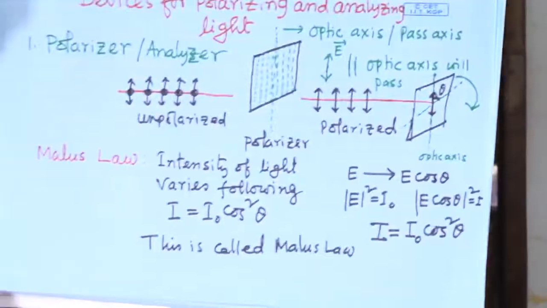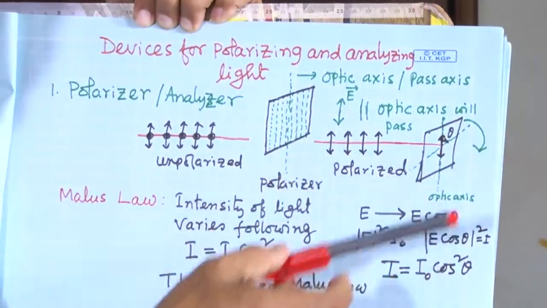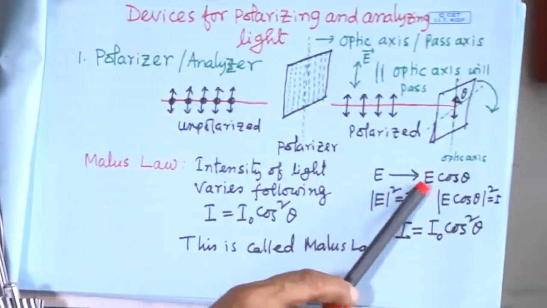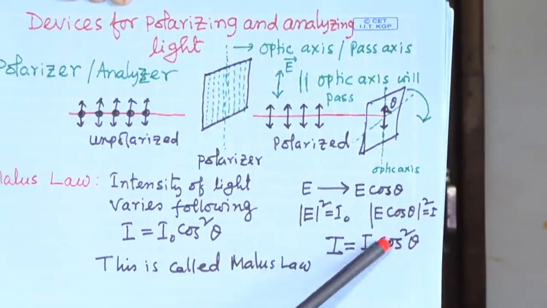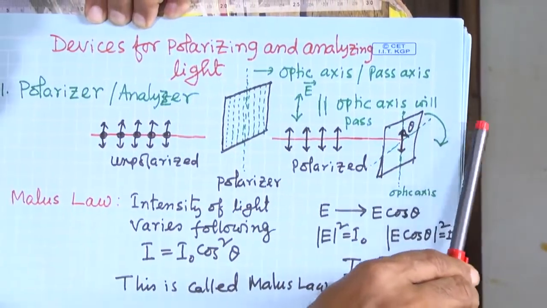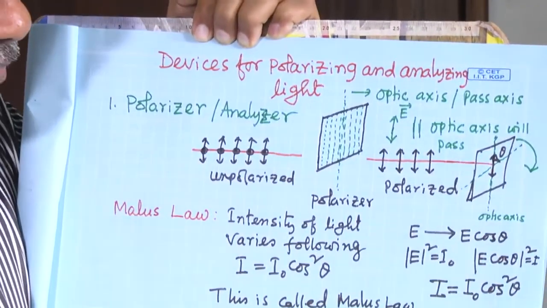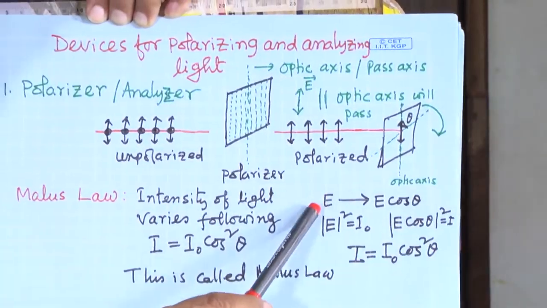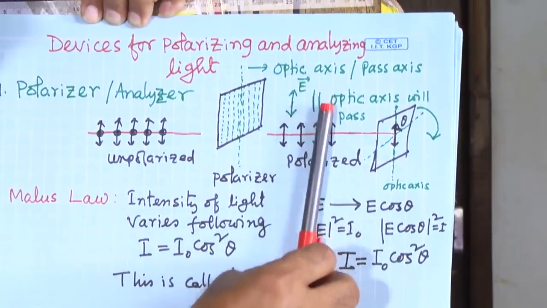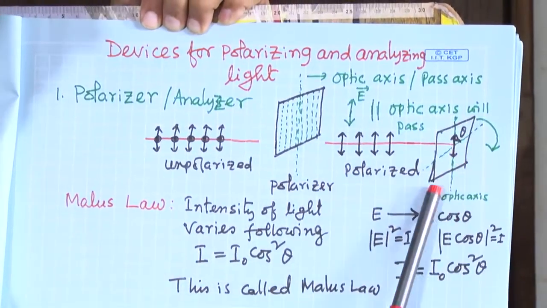If I vary this angle, when it is 90 degrees, E cos 90 degrees will be 0, so I should not get any light on the other side. Whatever E the polarized light has is falling on the analyzer.